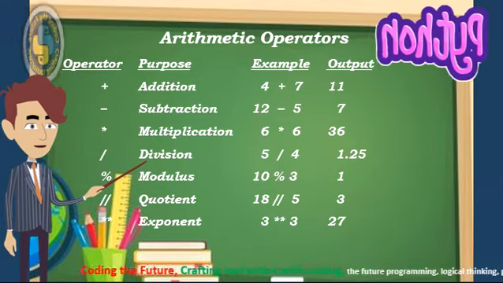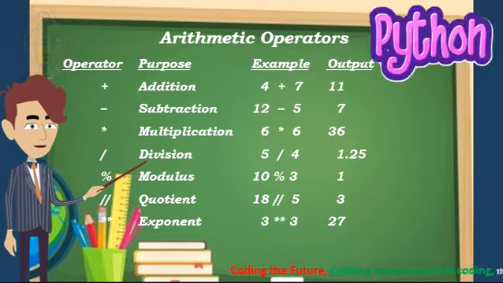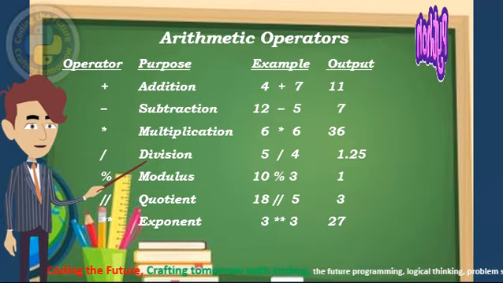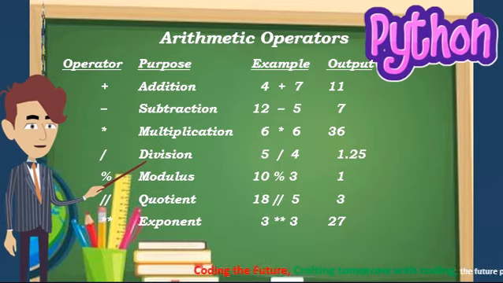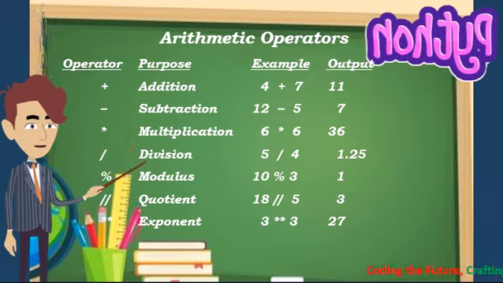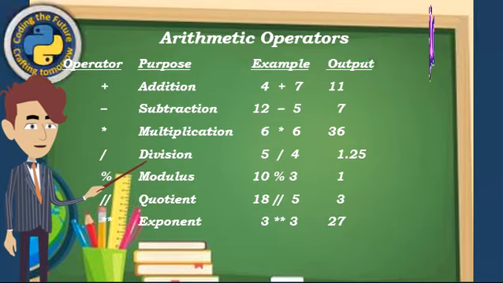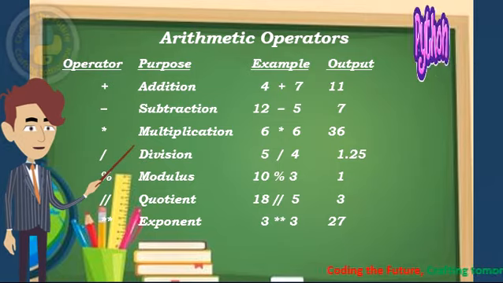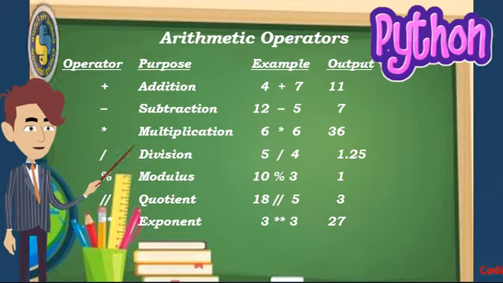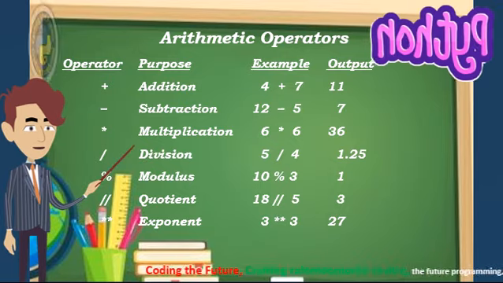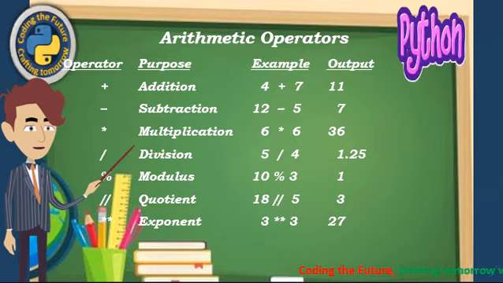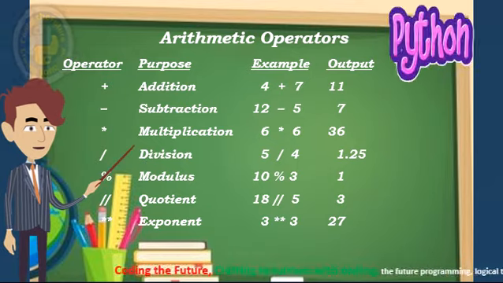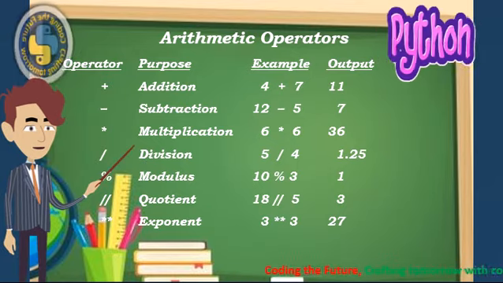Percentage sign is the modulus operator: 10 % 3 will return 1, that is the remainder. Double slash is the quotient operator: 18 // 5 will return 3, that is the quotient. Double asterisk is used for exponents: 3 ** 3 will return 27.